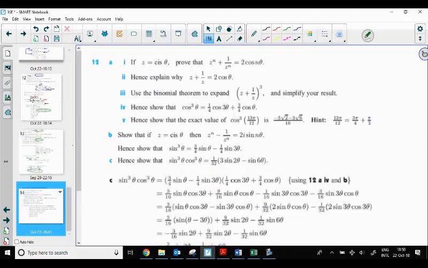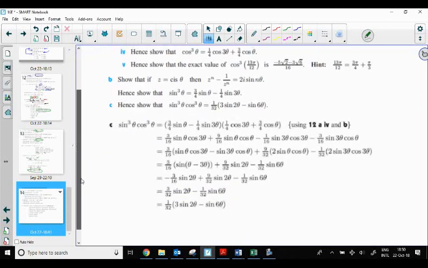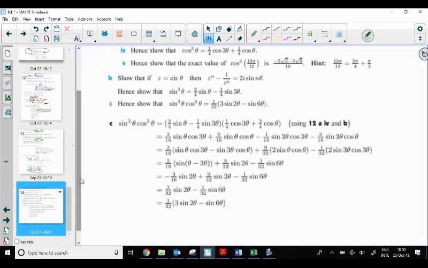It's neat. And finally, for part C, we've got to hence show that sine cubed times cosine cubed is equal to this expression here. Well, we've already figured out an expression for sine cubed. We've already figured out an expression for cosine cubed. So we're going to multiply those two together, use the compound angle formulas again.